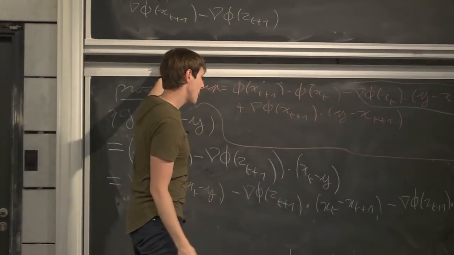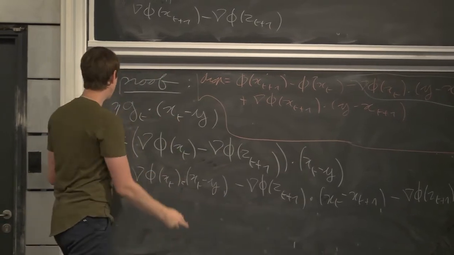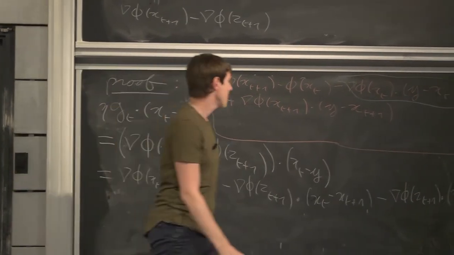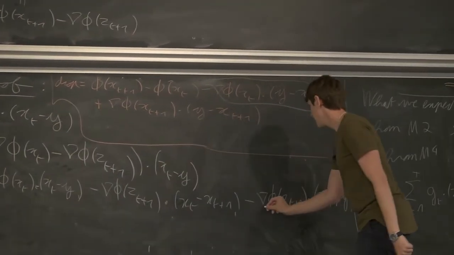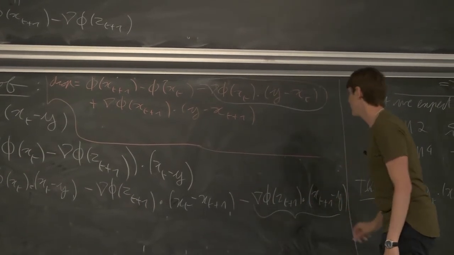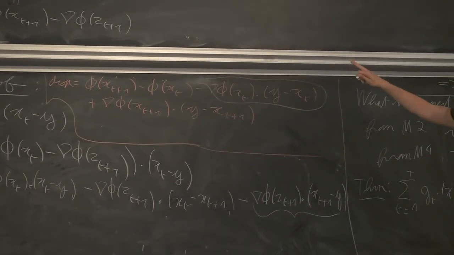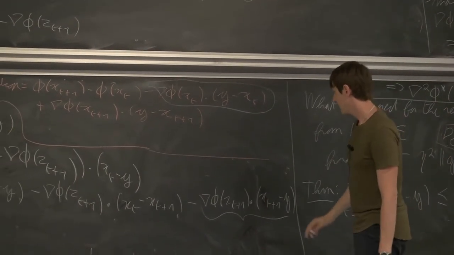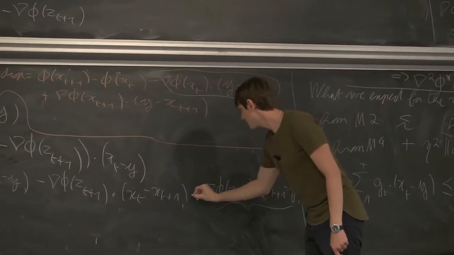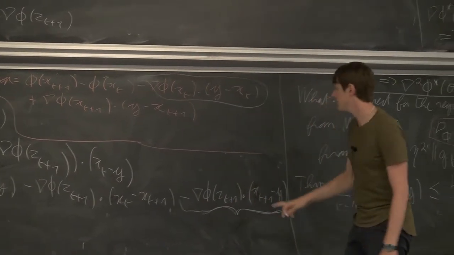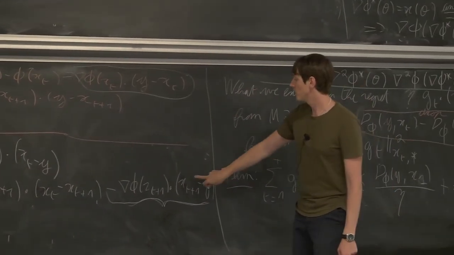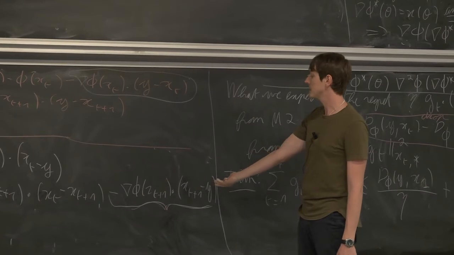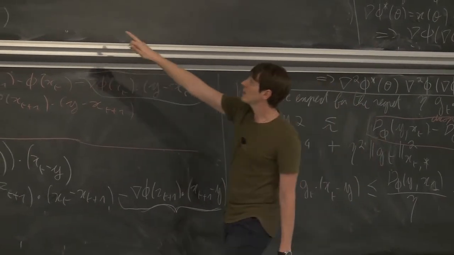So let's see. Eventually I want to upper bound this thing. So there is a minus sign. Let's see if we can lower bound it. Okay, let's take the minus sign together. So we want to upper bound this thing. So with the minus, it's y minus xt plus 1. And it's exactly what we want.